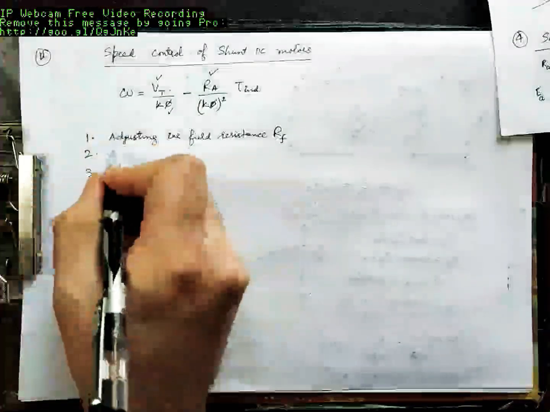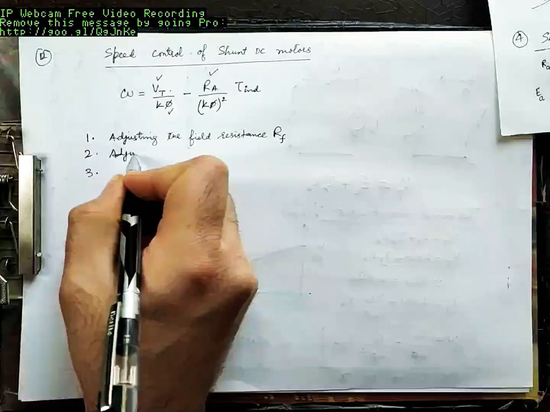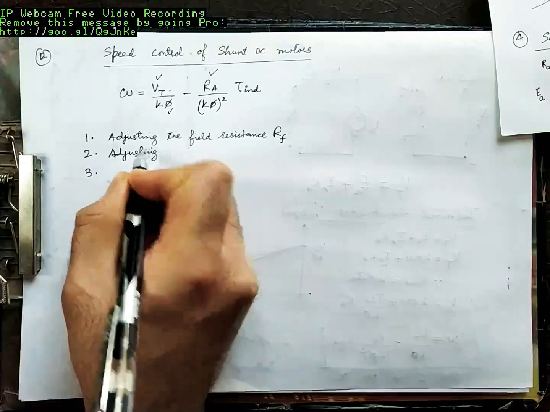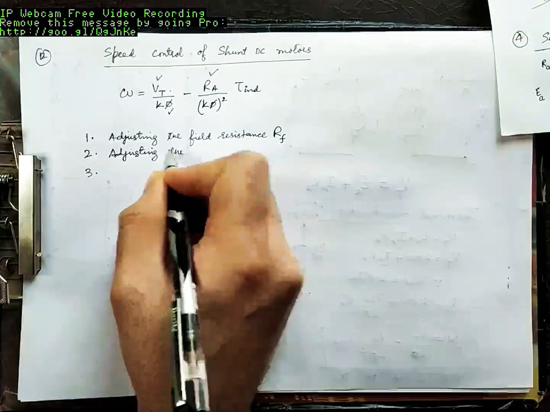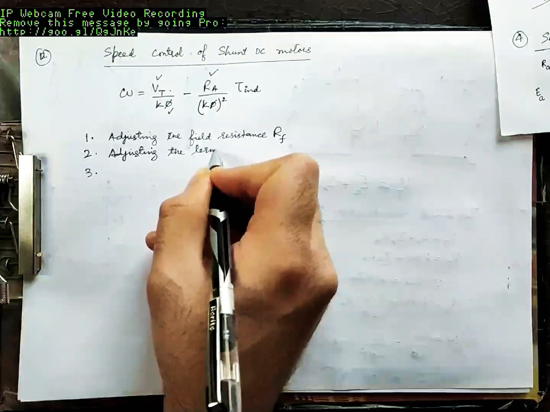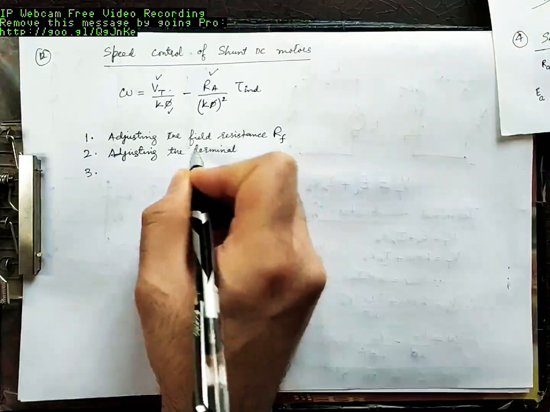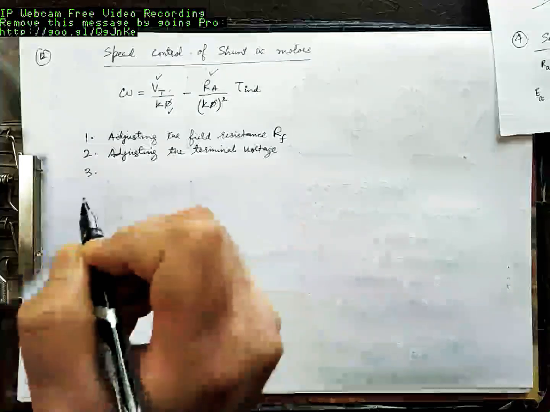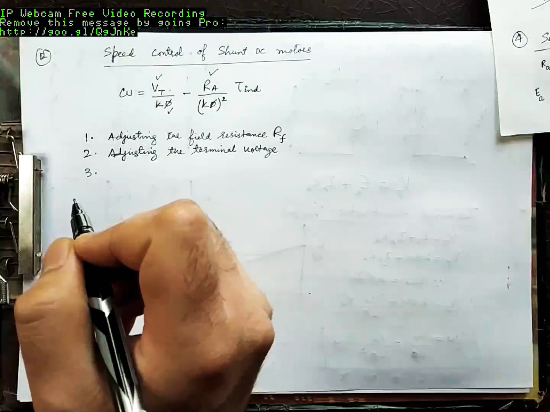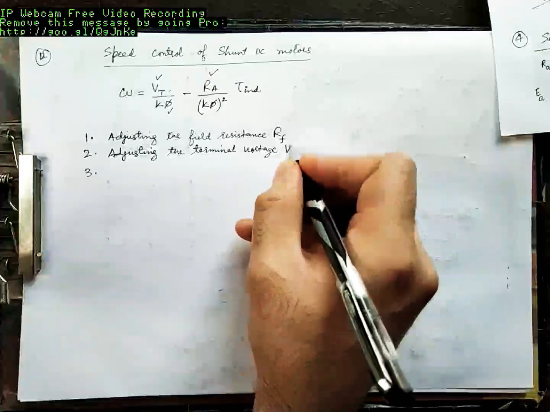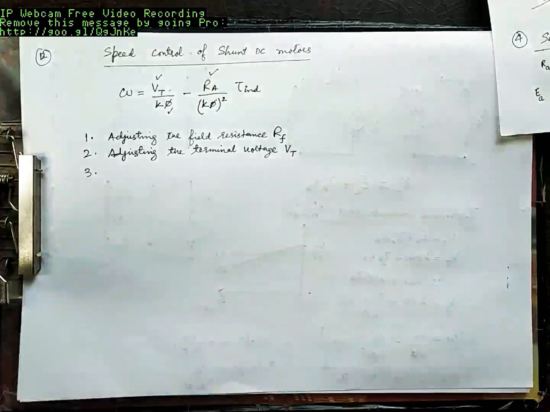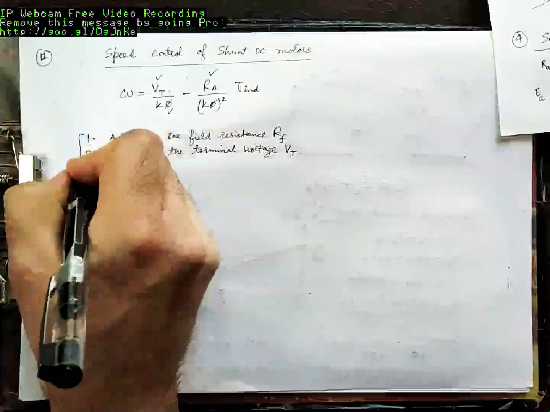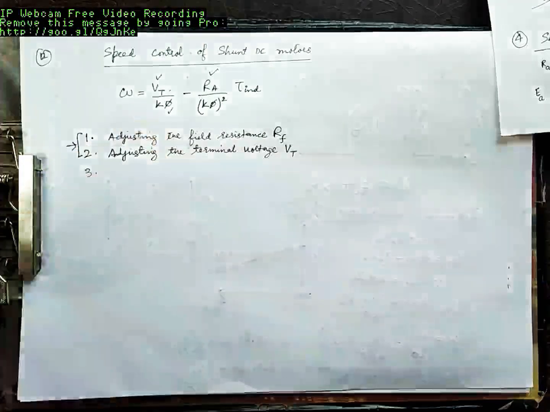Second is adjusting the terminal voltage VT applied to machine, applied to armature. And these are the two methods that are basically used for speed control.